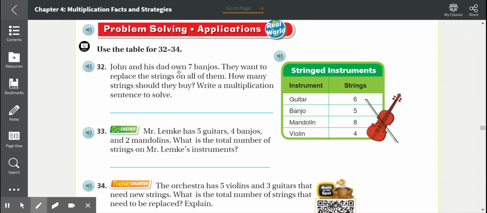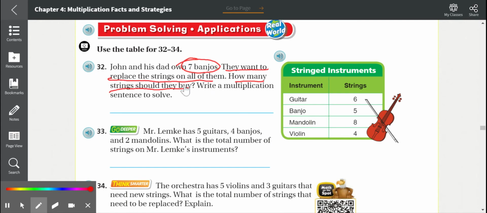Now we can read the problem. John and his dad own 7 banjos. They want to replace the strings on all of them. How many strings should they buy? Write a multiplication sentence to solve. So John and his dad own 7 banjos and they want to replace the strings on all of them. Well, we know that they have 7 banjos times how many strings does one banjo have?